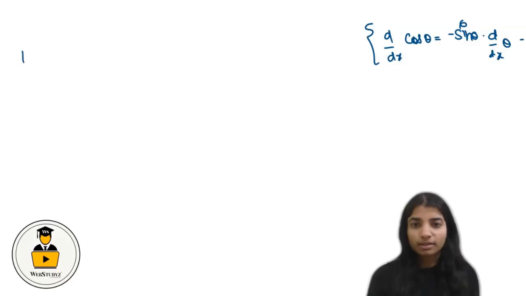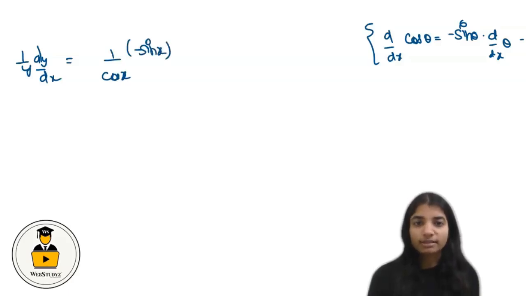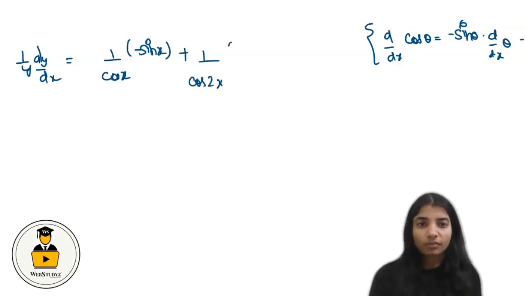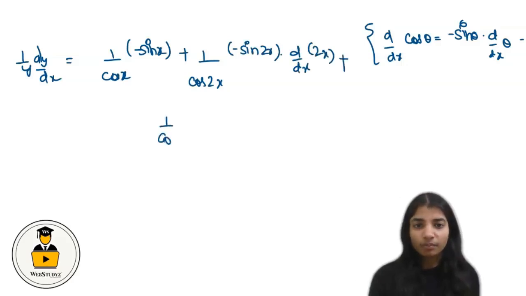So 1 divided by y, dy/dx becomes 1 divided by cos x multiplied by the differentiation of cos x, which is minus sine x, plus 1 divided by cos 2x, and the differentiation of cos 2x is minus sine 2x multiplied by d/dx of 2x, plus 1 divided by cos 3x multiplied by d/dx of cos 3x.